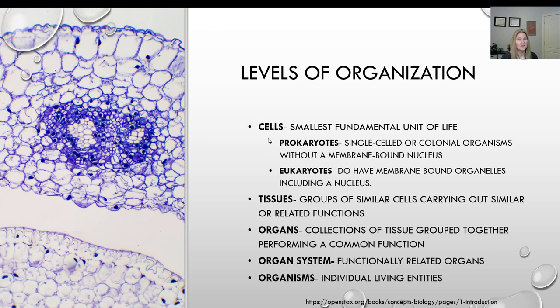The organism itself is the cell. Plants don't have organs, but they're made up of cells and have something similar to tissue in a human body, though it's a little different category. So not all of these levels are included in every single living organism.